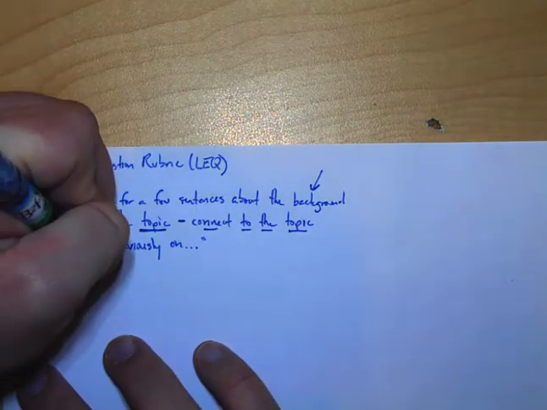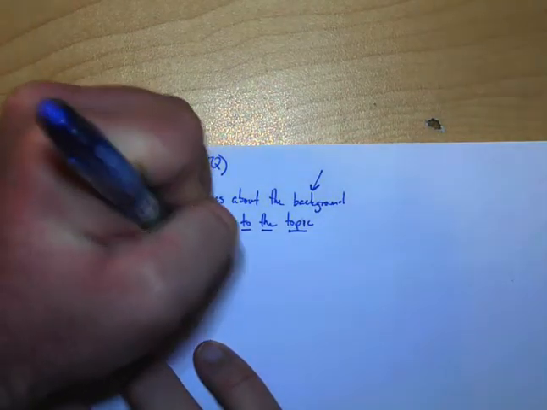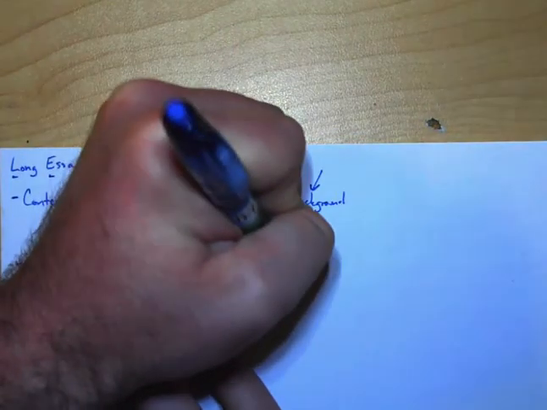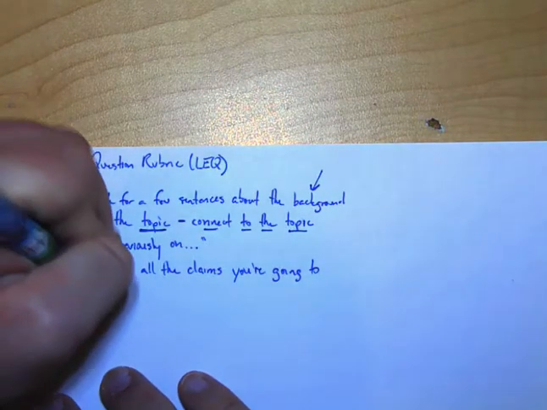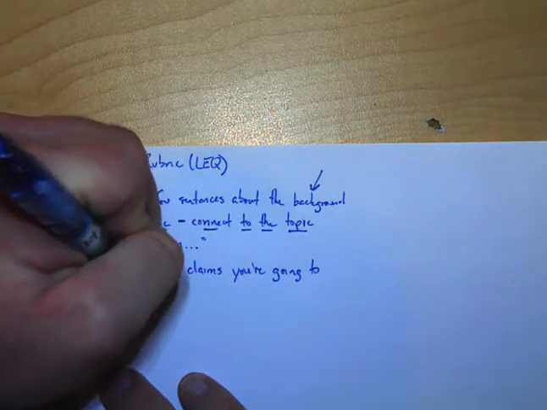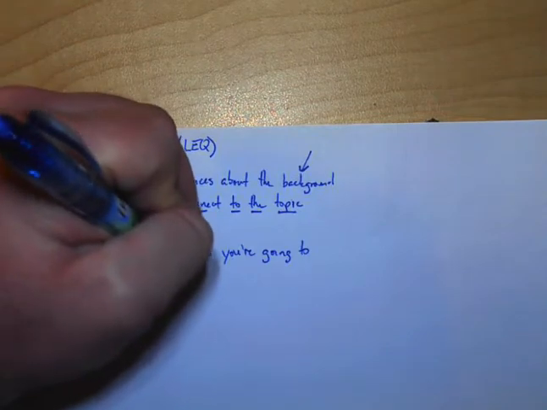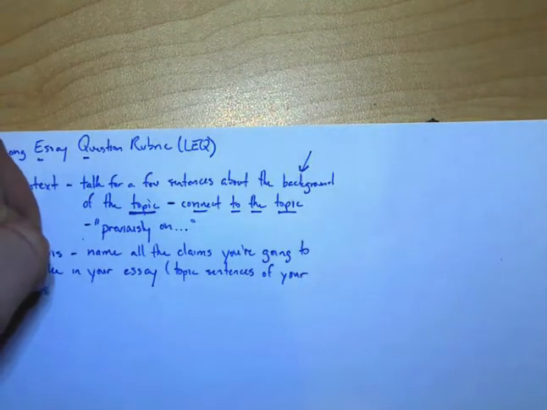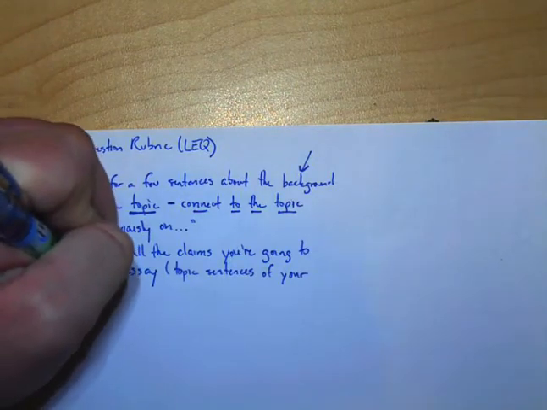The next part is your thesis. And here you're just going to name all the claims you're going to make in your essay. These are all of the topic sentences of your body paragraphs. That's it.